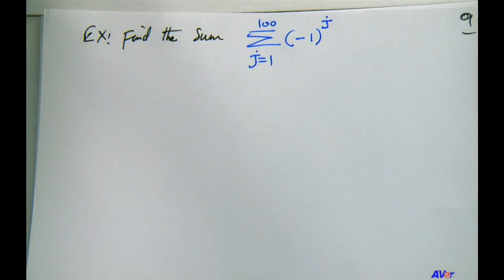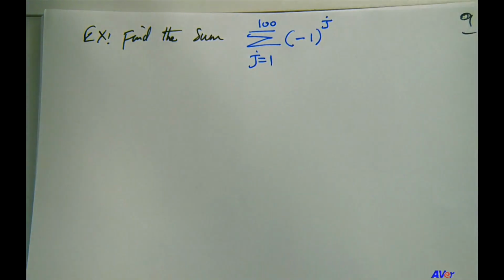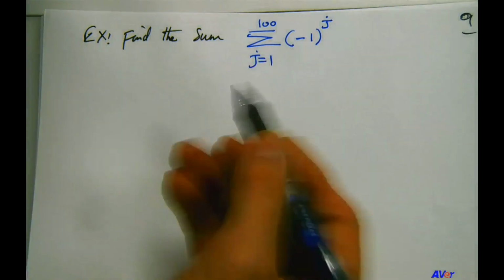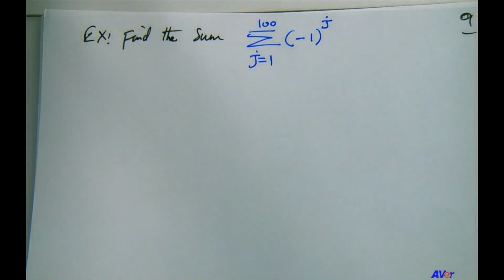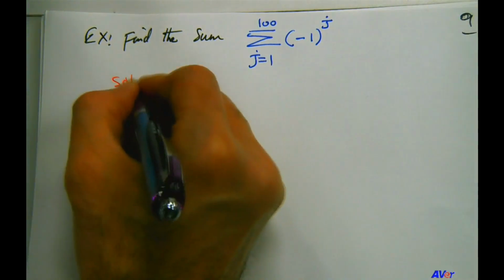Okay? Obviously, we're not going to write down and add all these 100 terms, right? So what do we do? Well, just like what I mentioned earlier, we write down the first few sums, and see what pattern is there, and then use that pattern to write down the sum that we're asked for. So let's write down the first few sums for now. So here's the solution.